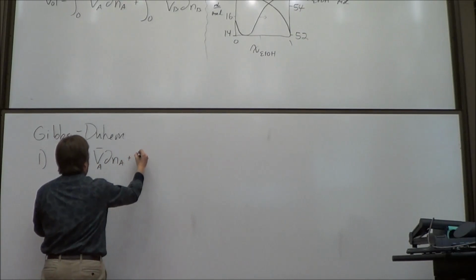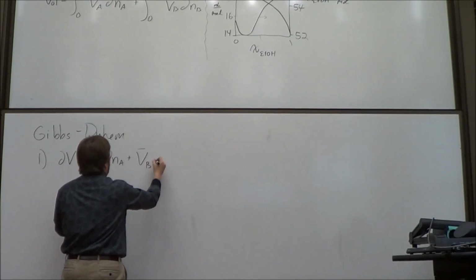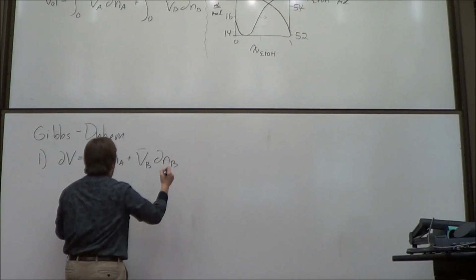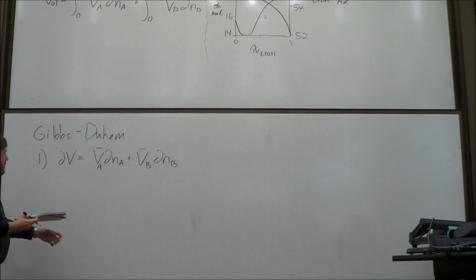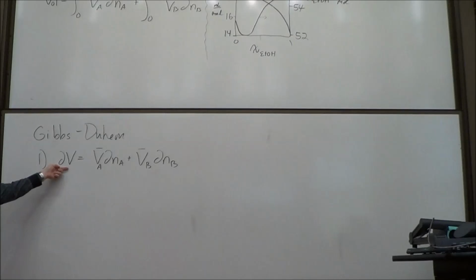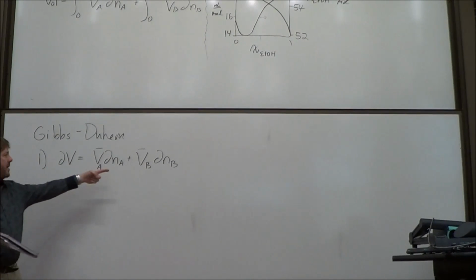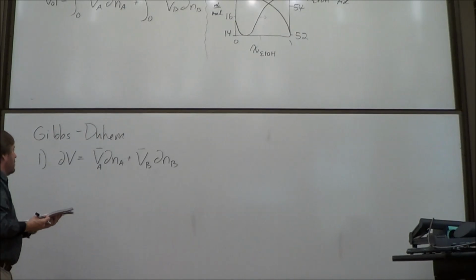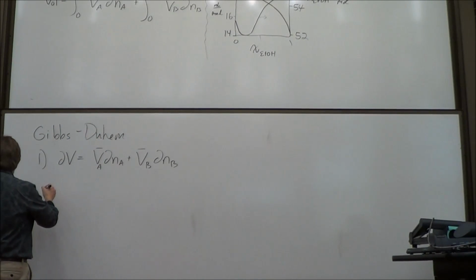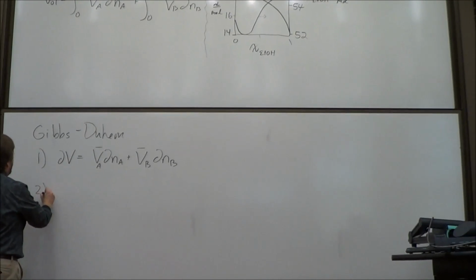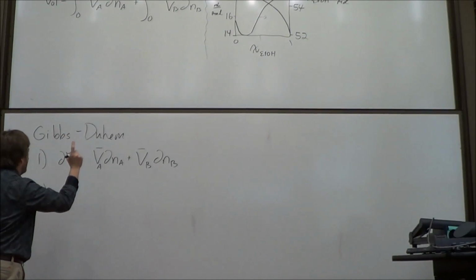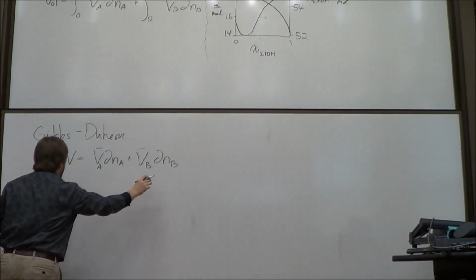Partial volume of A, partial volume of B. Okay, again, this is how much volume this solution gains as I pour in the water and ethanol. Up there, that's just the final result. Okay, now what I'm going to do is, notice that equation up there. Watch this. Now I'm going to integrate the whole thing.